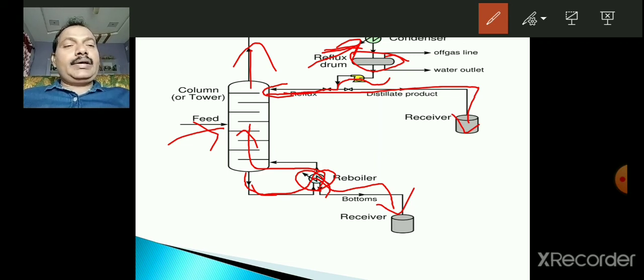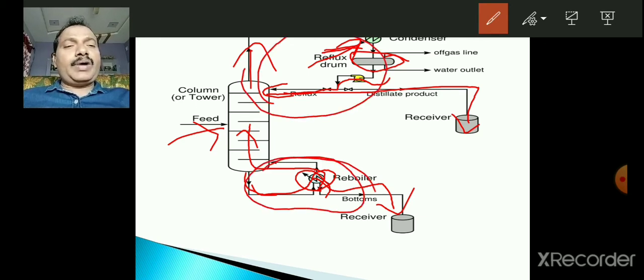So this is the way the distillation column works. For a single fluid flow path, we have taken an example. This is the single flow path, another single flow path. But such arrangements are available at many sections at different temperatures of the distillation column.